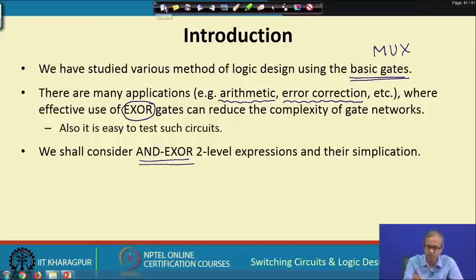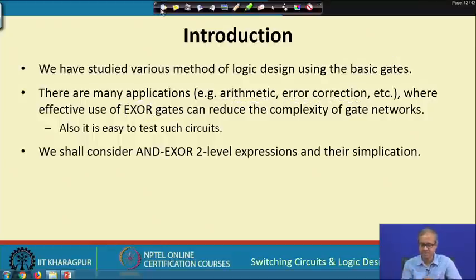Now, one thing I want to just mention here, that I mentioned the example of a parity generator. Let us take a very simple example. Suppose I have a 4-bit parity generator and I use an XOR gate to generate it.